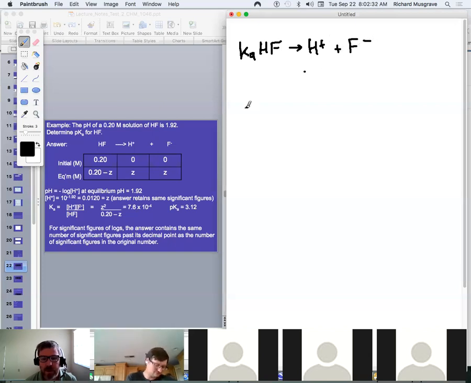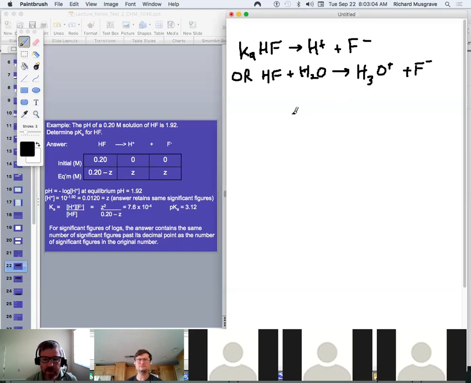Now the alternative to writing it this way is to go HF plus water, and that gives H3O plus and F minus. So either way is actually legal for separating out an acid.